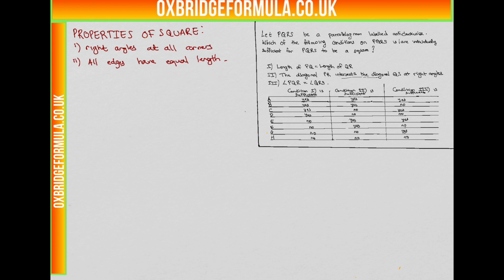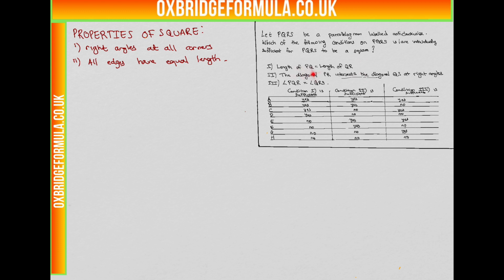If we want to show that condition 1 is sufficient, we need to show that 1 implies that all the angles at the corners are right angles and all the edges are equal length. And if we want to show that a condition is not sufficient, then we'll need to find an example of a parallelogram that satisfies condition 1 but is not a square. So let's think about condition 1.